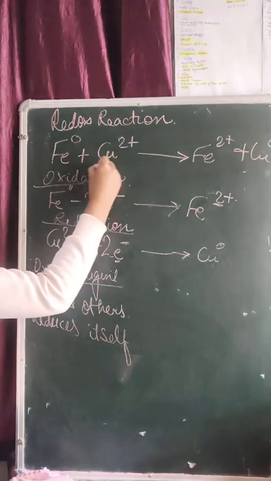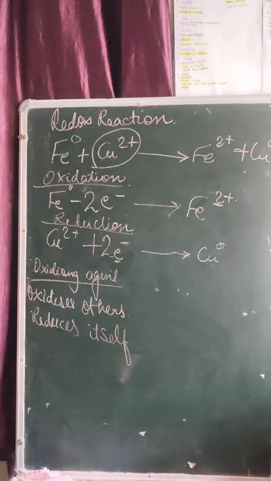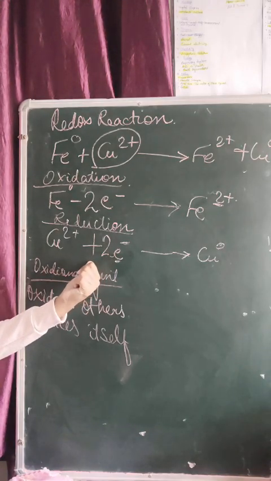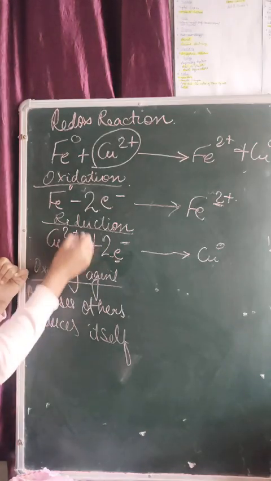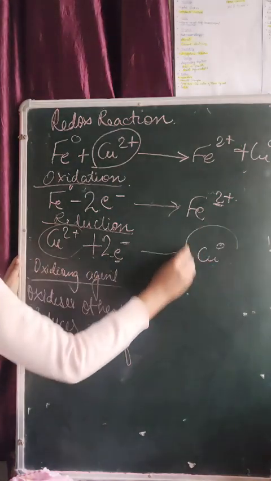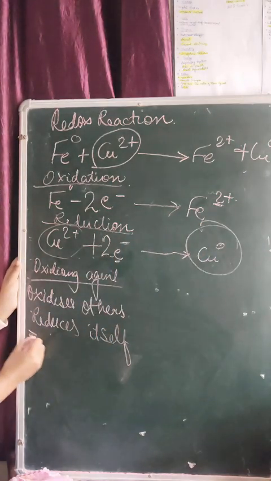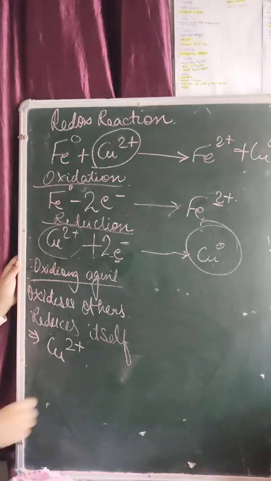Here there is addition of charge, so this is carrying out the process of reduction and is getting reduced, but it is oxidizing Fe. So in this case Cu2+ is the oxidizing agent.